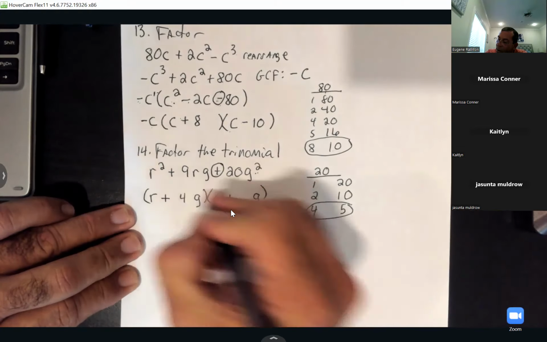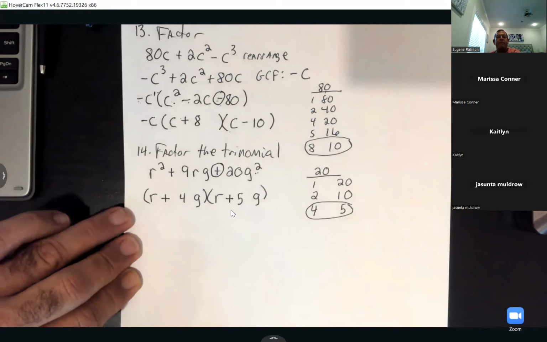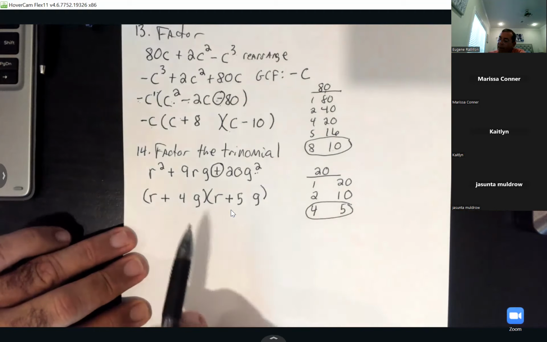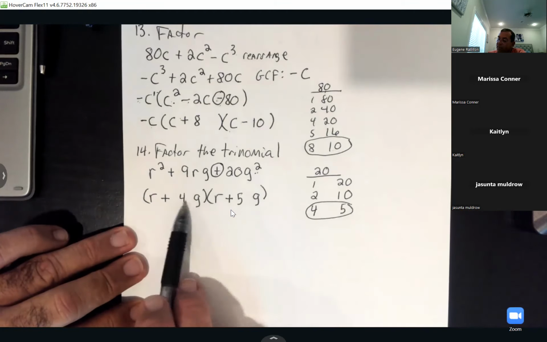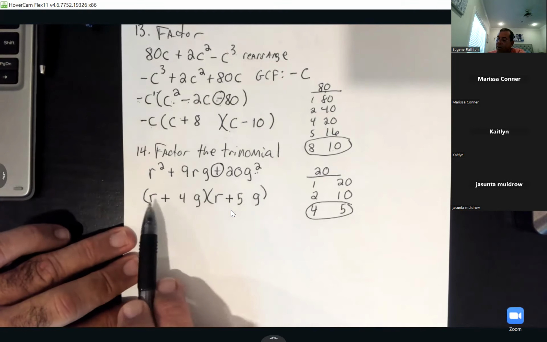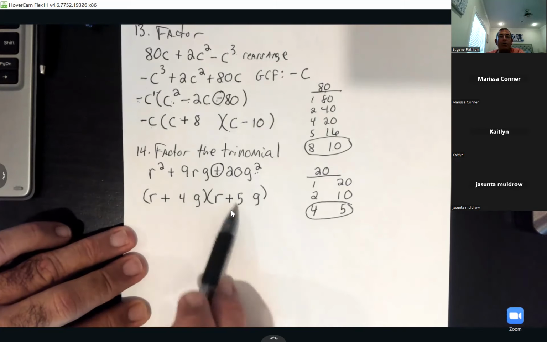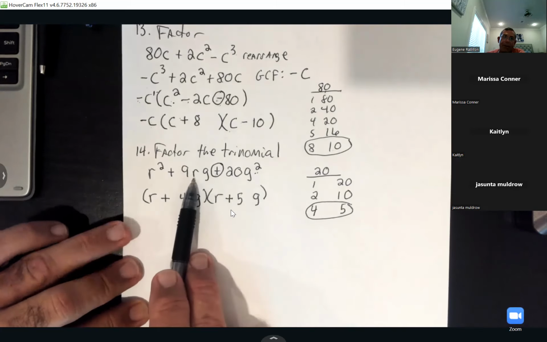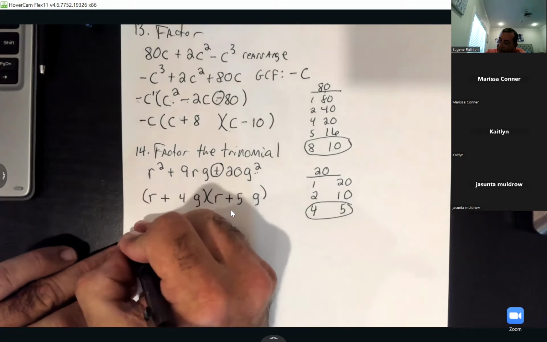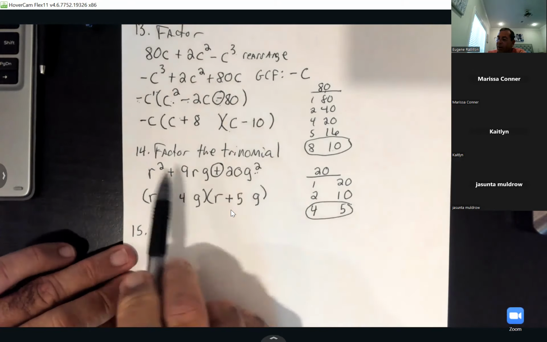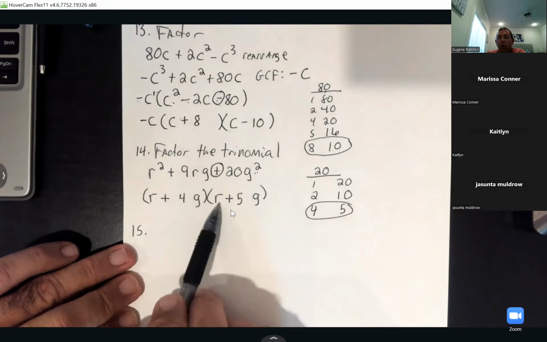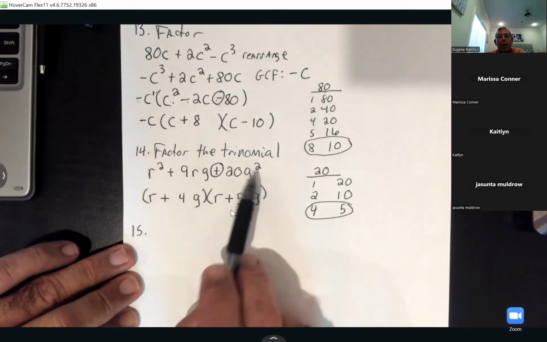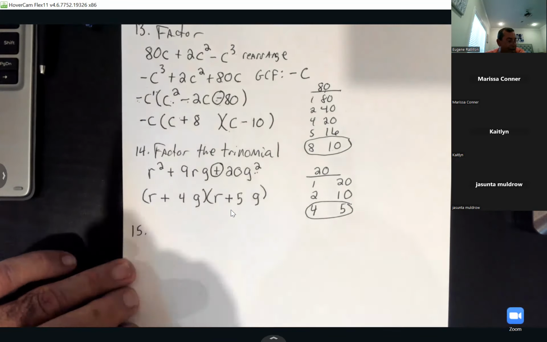So we put in our 4 and our 5. So the RG in the middle, you get from the 4G times R, the R times 5G. Those two terms would add to get that middle, okay? So remember, R squared in the beginning puts an R in the front. G squared puts a G at the back.